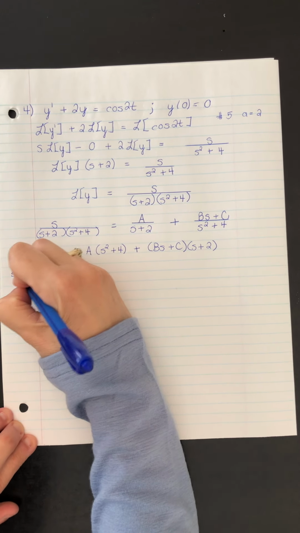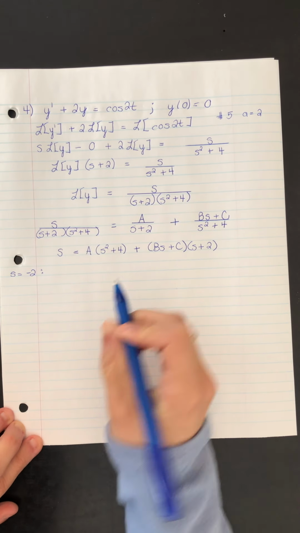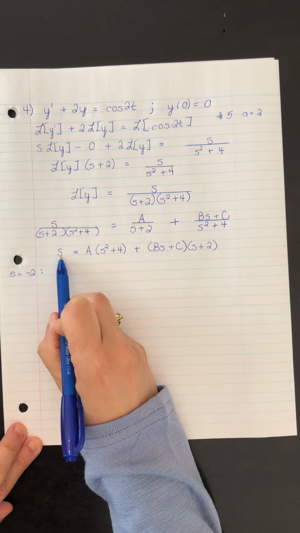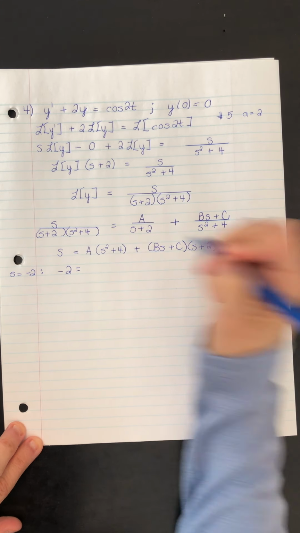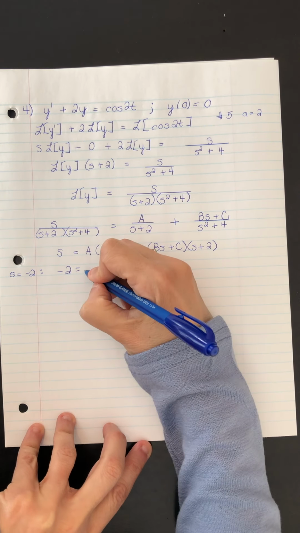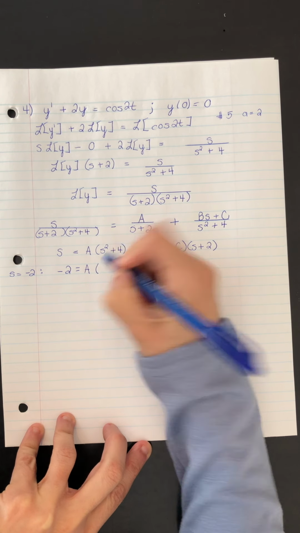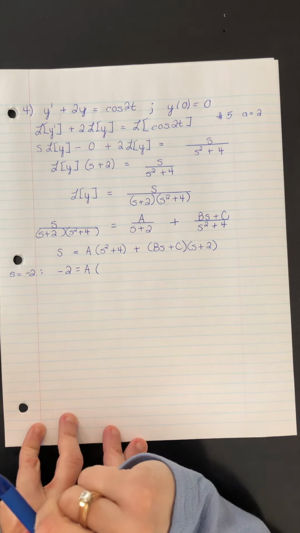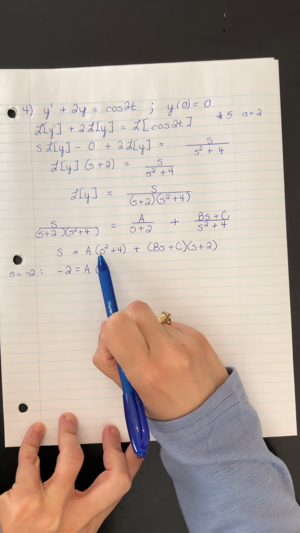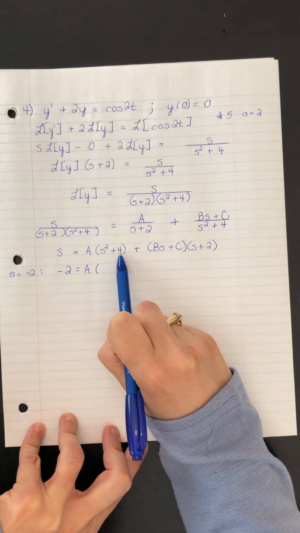We'll substitute s equals -2. Start by substituting it on the left side. So s is replaced with -2. On the right side, what will happen if we substitute -2? Well, -2 all squared is +4. So in here then, we will have 4 plus 4 or 8.